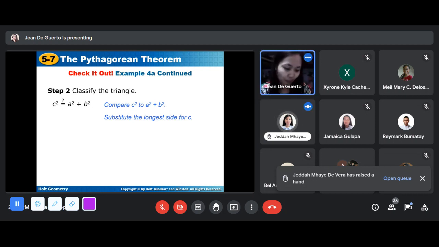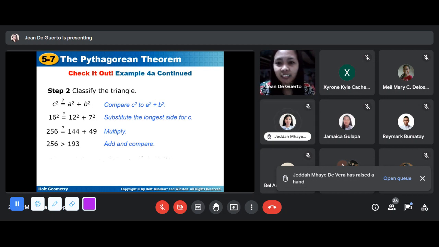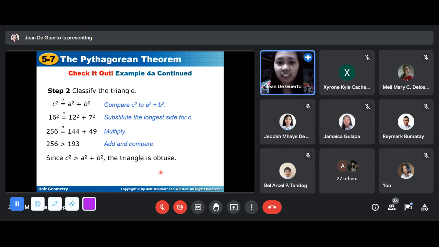Kasi po, 16 squared is 256. Tapos, yung 12 squared plus 7 squared is equal to 193. At ang sign is greater than, 256 is greater than 193. So therefore the triangle is obtuse. Okay? Nakuha nyo din?